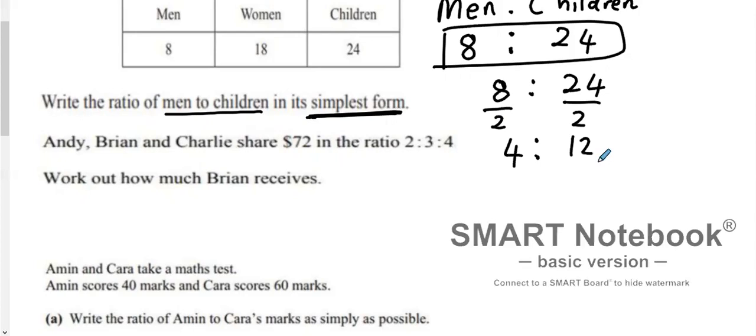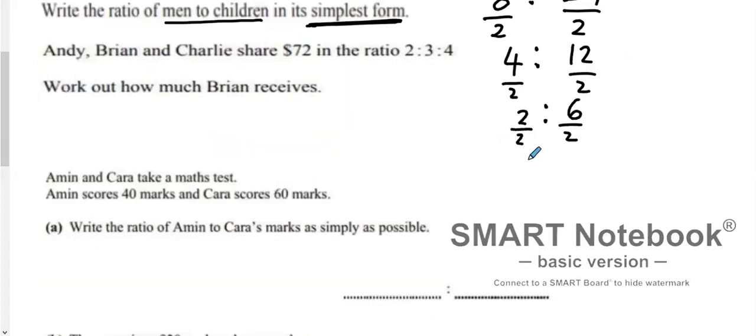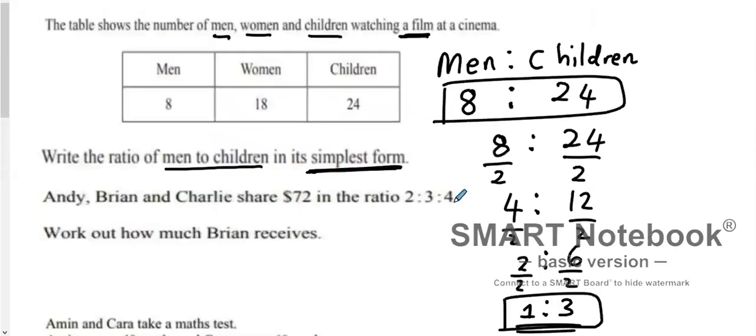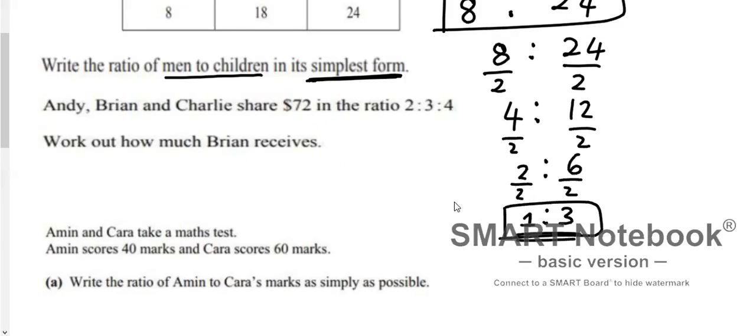One more step: this also goes by 2, making 2 ratio 6. Still one more step: divide by 2, and that equals 1 ratio 3. And you are done. This is the ratio of men to children.